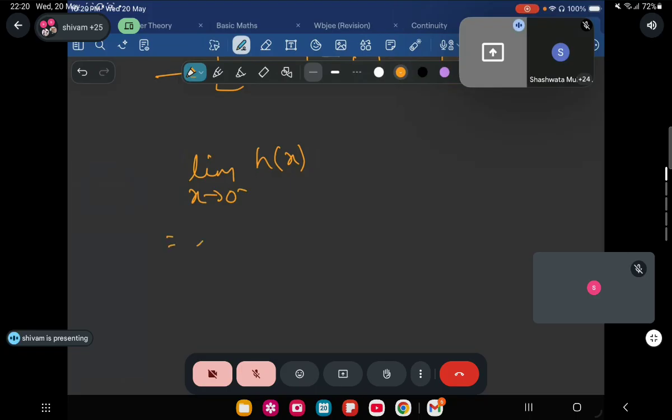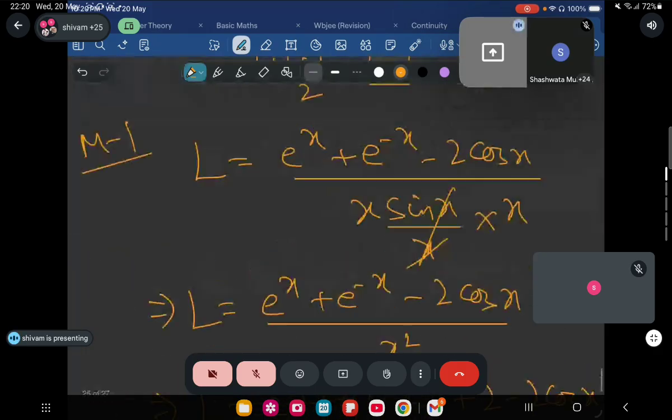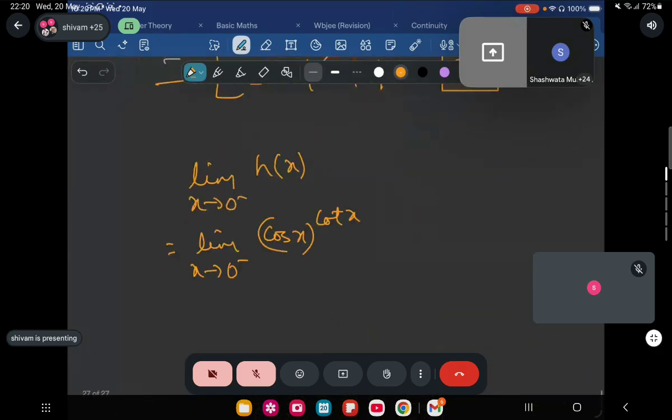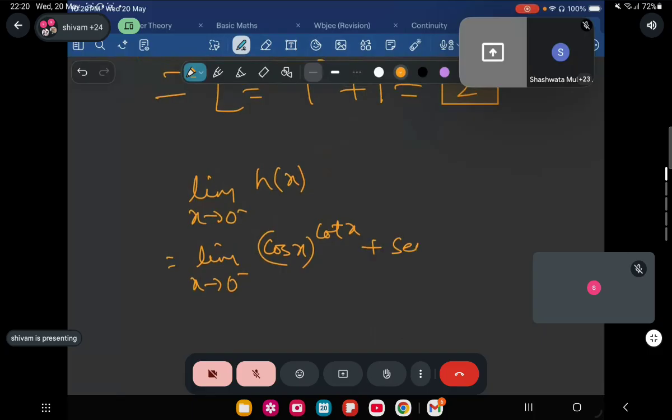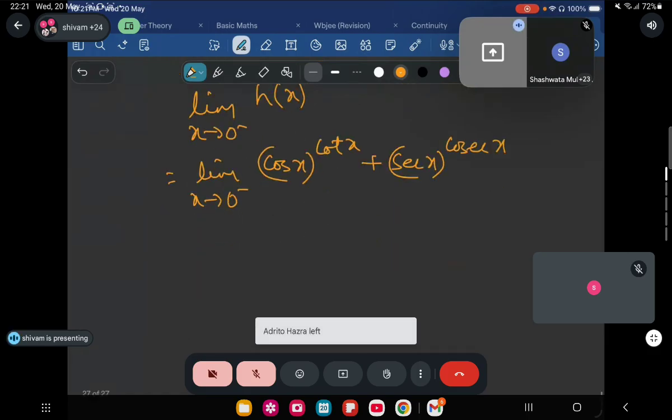This will be equal to limit x tends to 0 minus (cos x) whole to the power cot x plus (sec x) whole to the power cosec x. Acha, both are 1 to the power infinity form, right? Both are 1 to the power infinity form.